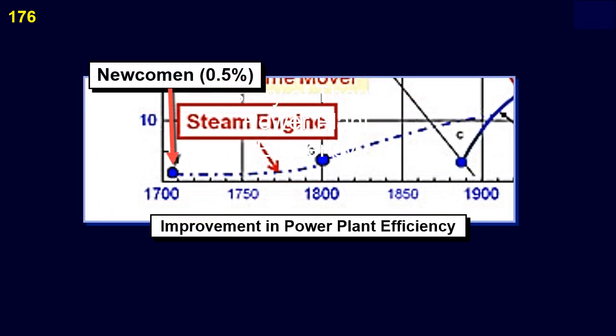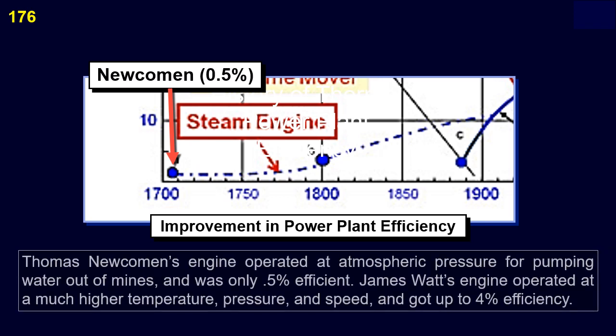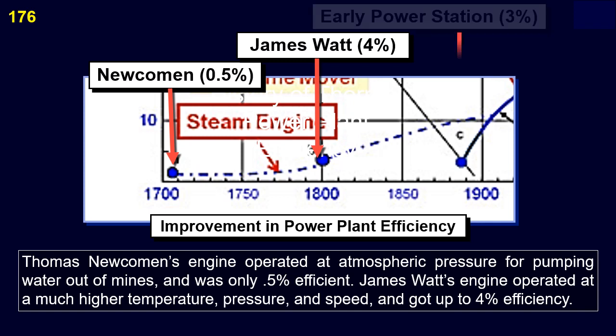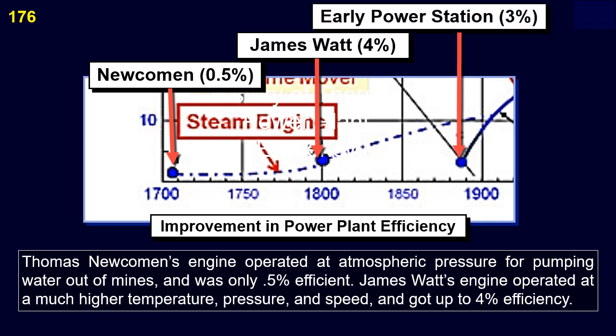Thomas Newcomen's engine operated at atmospheric pressure for pumping water out of mines, and was only 0.5% efficient. James Watt's engine operated at a much higher temperature, pressure, and speed, and got up to 4% efficiency.